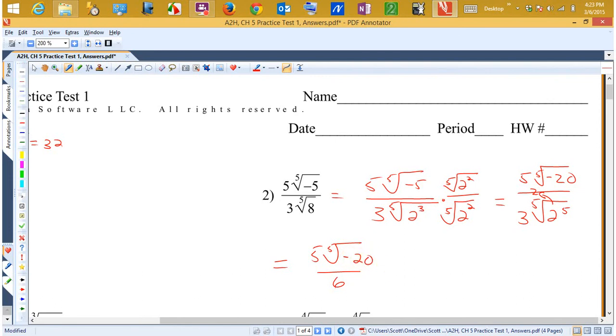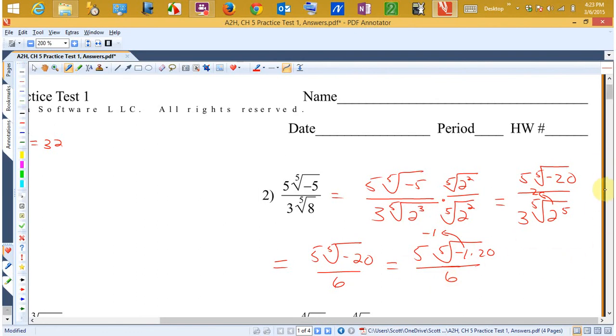Now this answer isn't wrong, but a lot of times you're going to want to take that negative out. Now that's a fifth root. So another way to write that would be the fifth root of a negative 1 times 20 all over 6. And then the fifth root of a negative 1 is just a negative 1, which would be a negative on that 5.